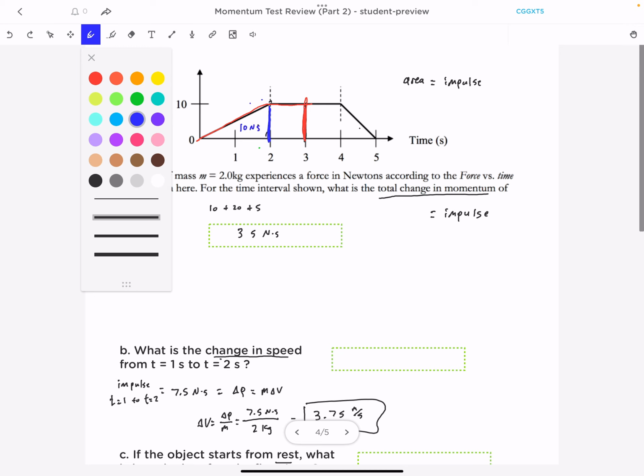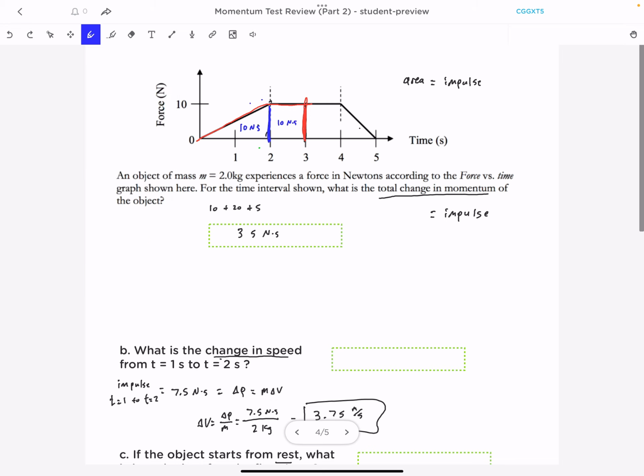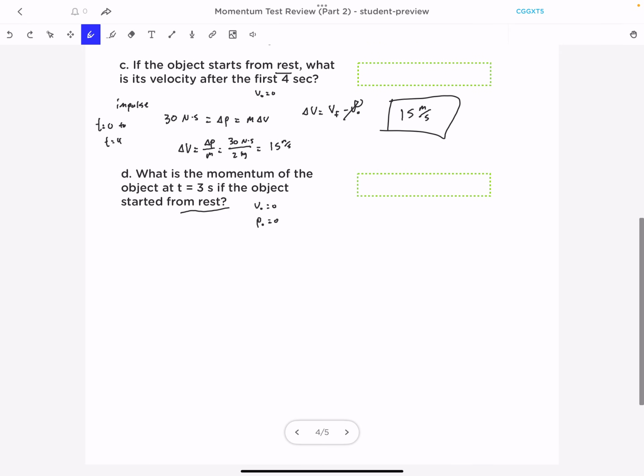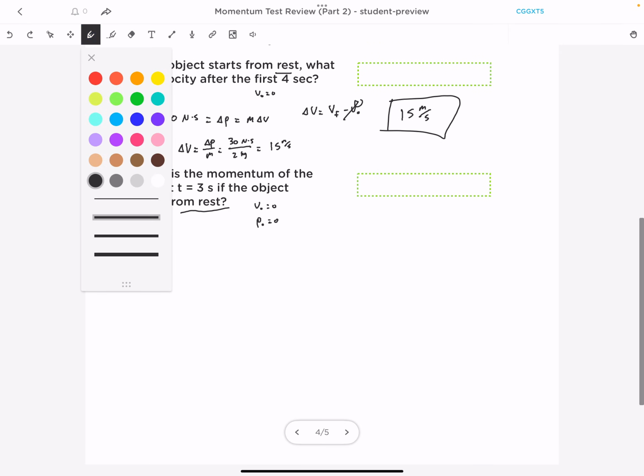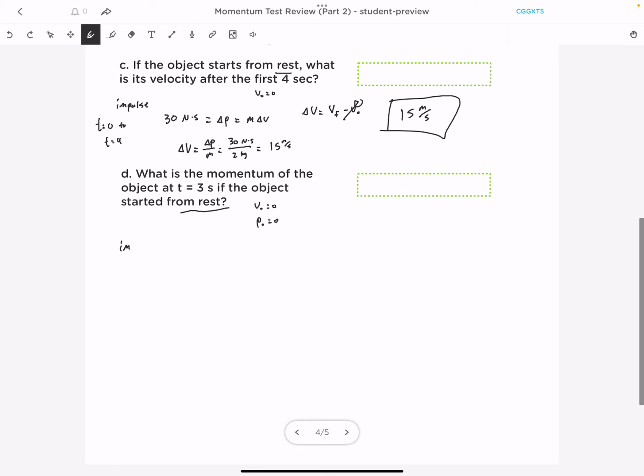And then this region over here, from t equals 2 to t equals 3, that's just a base of 1 second, and that has a height of 10 newtons. So this is another 10 Newton seconds of impulse. So the impulse from t equals 0 to t equals 3 equals 20 Newton seconds.